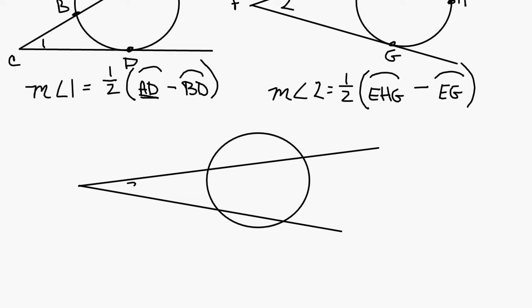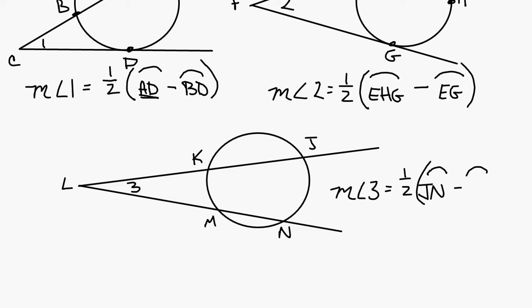So if this is angle 3, and we have J, K, L, M, N, then the measure of angle 3 would be equal to 1/2 of arc JN minus arc KM. Does anybody have any questions?